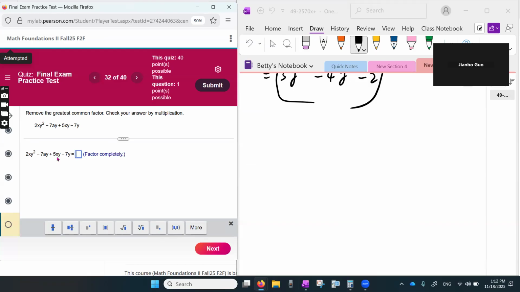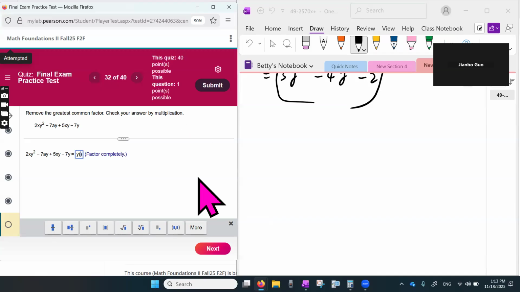Because of this a, as you can see, the a only appears in the second term. The GCF is going to be y. I don't see any other. 2 is prime, 5 is prime, 7 is prime.